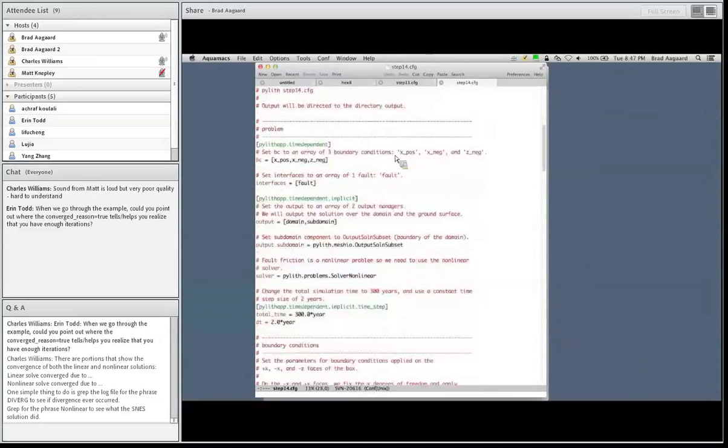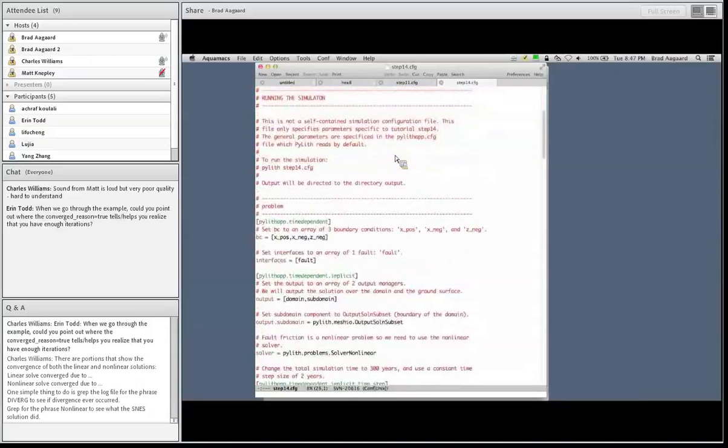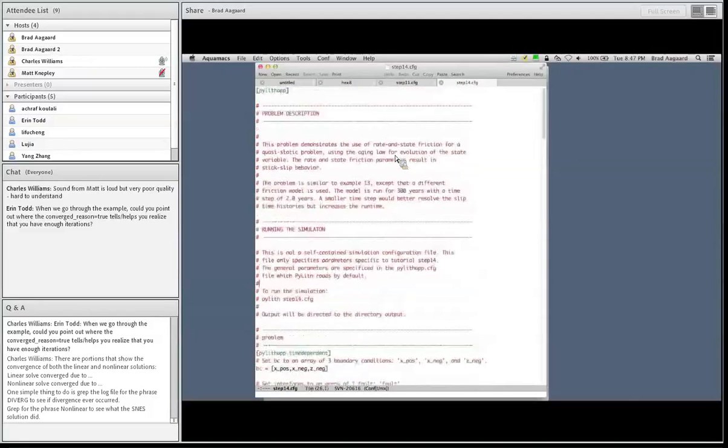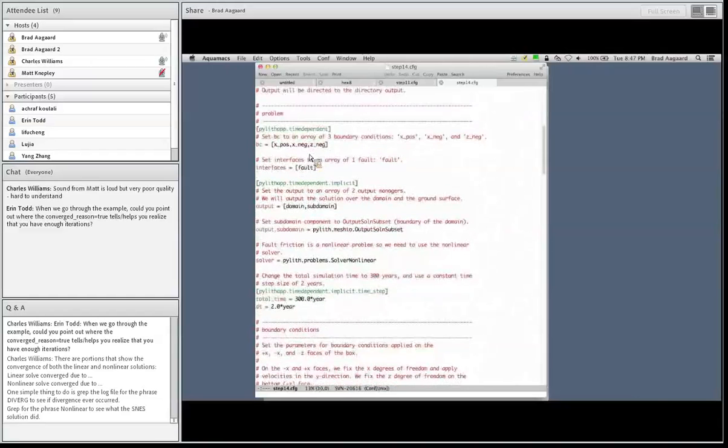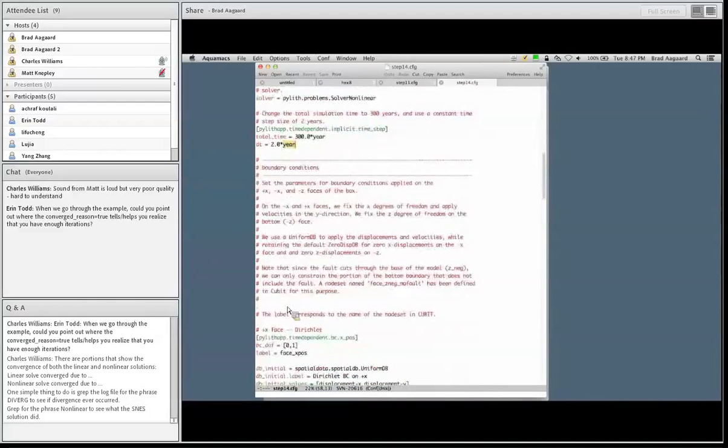First, we use all the defaults from before. The only difference from step 11 is our total time is now 300 years. We're going to use a time step of 2 years.